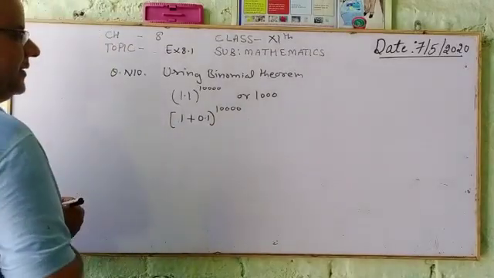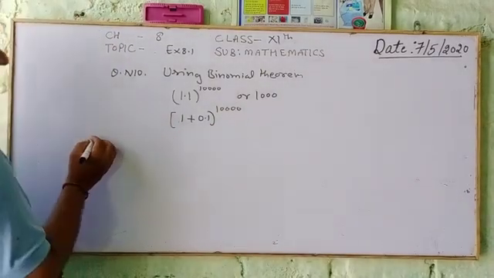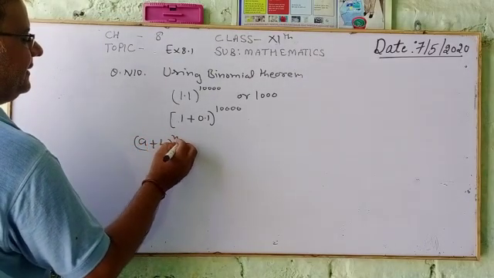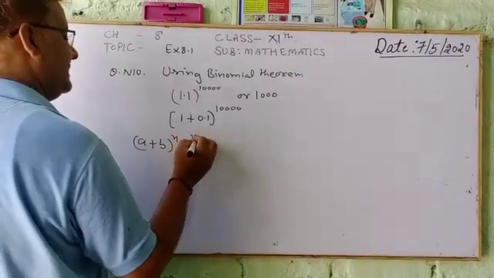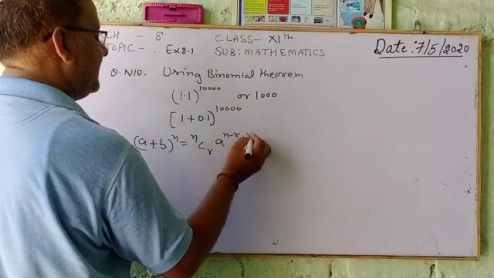We expand this binomially. We get (a plus b) raised to power n equal to the sum of nCr, a raised to power n minus r, b raised to power r.